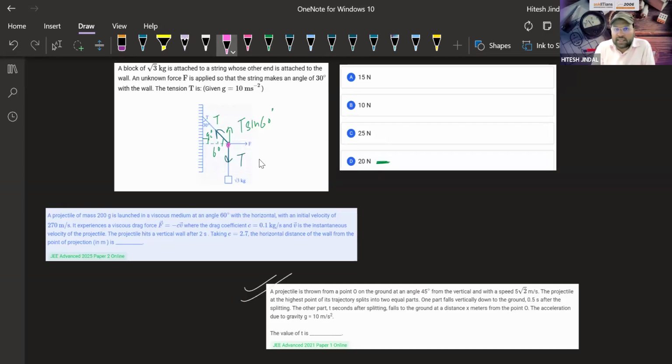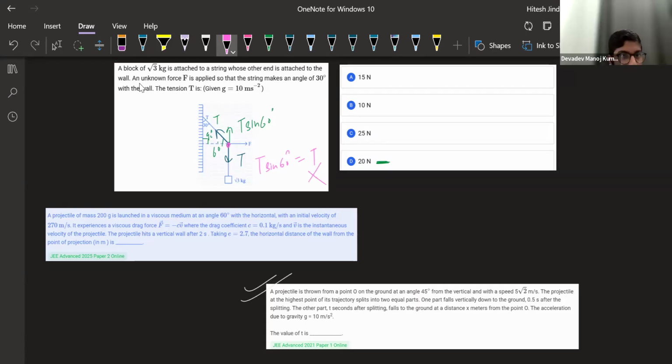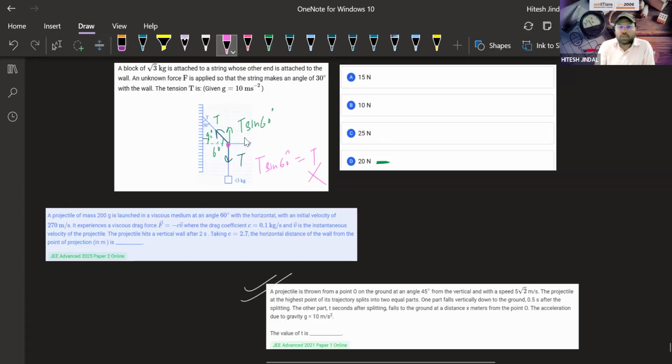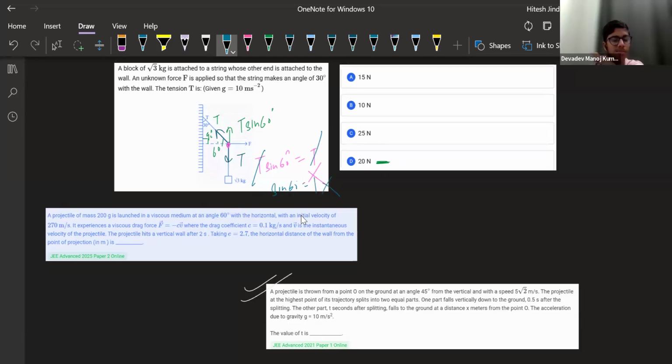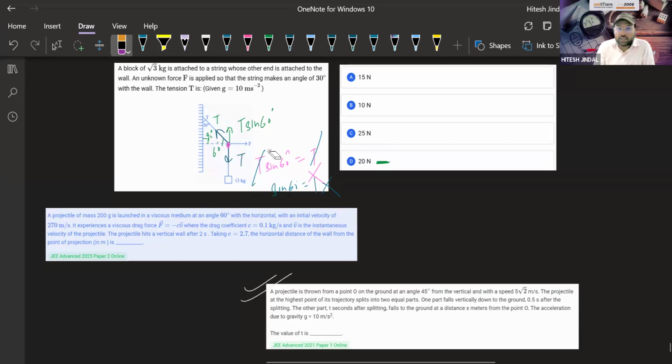So that means T sin 60 degree is equal to T. Is it possible? It is not possible, no. Are you getting this? Okay, yes, sir. Got it. This is not possible because T sin 60 cannot be equal to T, because then T will get cancelled out and sin 60 degree comes out to be 1, which is not true. Yes, sir. So tension has to be different.